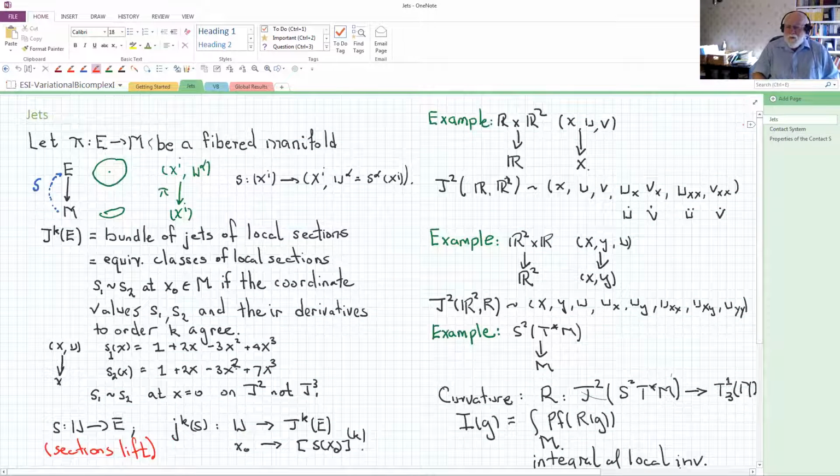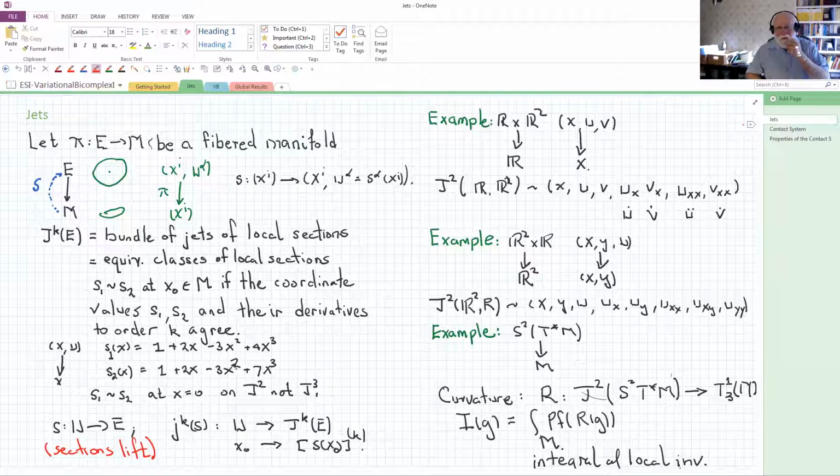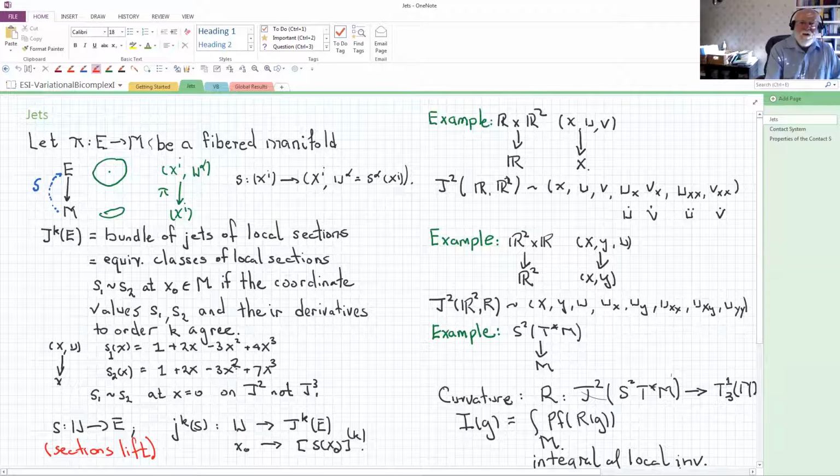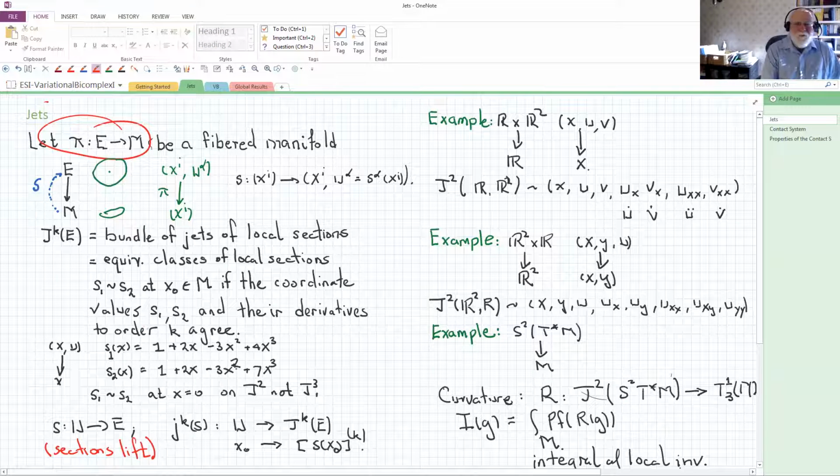Okay, so I don't want to spend too much time talking about jet spaces and jet bundles, but we're going to be using these words all the time in what follows, so we need to make a little stab at it. We want to begin with a fibered manifold. A fiber bundle or vector bundle is perfectly good.